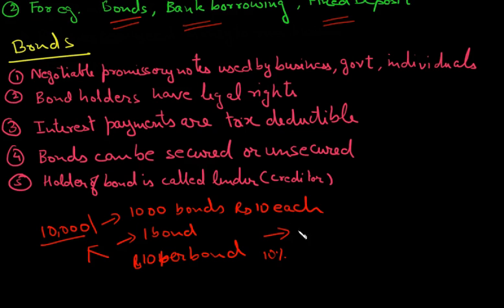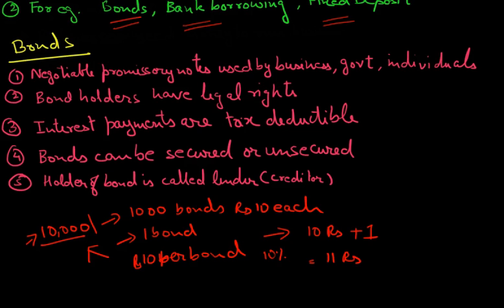If the company makes a profit because it has bought that machinery and was able to produce goods which were profitable, the company will repay the money. It will pay back the 10 rupees borrowed from each investor along with the interest, which is 1 rupee. So it will give 11 rupees per bond, and every investor will get rupees 11 from the company.